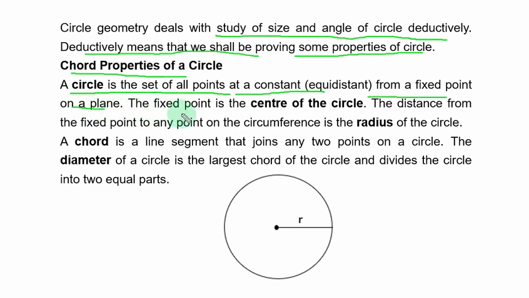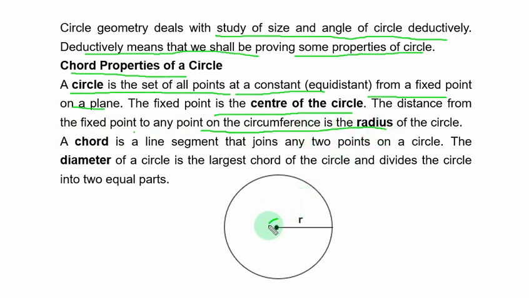The fixed point is the center of the circle. The distance from the fixed point to any point on the circumference is the radius of the circle.